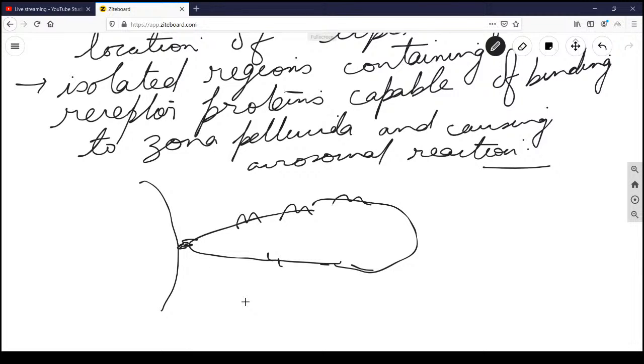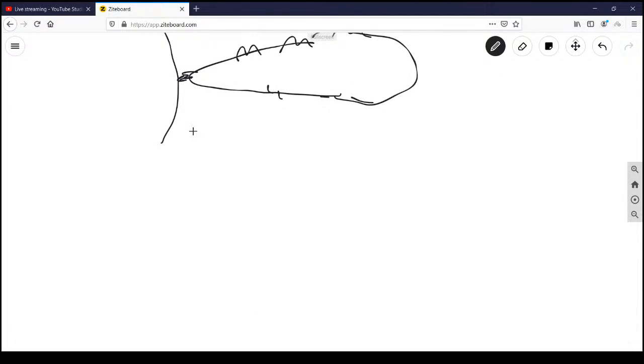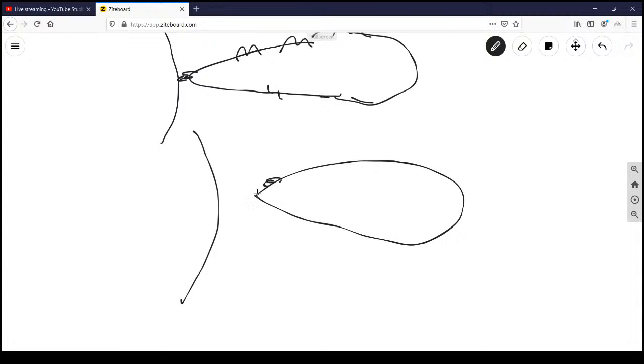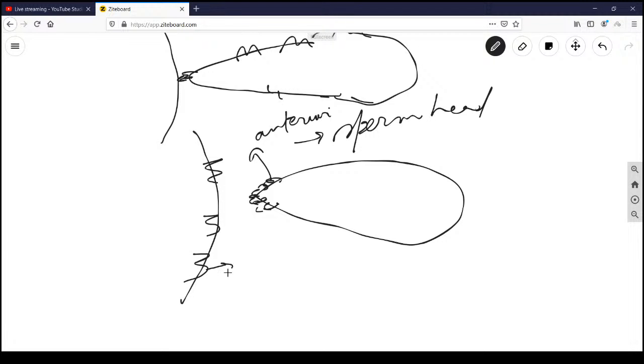So after the event of capacitation, most of the lipid rafts will concentrate on the anterior, front side, ventral side of the sperm head, so that maximum binding can happen with the zona pellucida receptors, ZP1, then ZP2, ZP3, and then the acrosomal reaction can proceed.